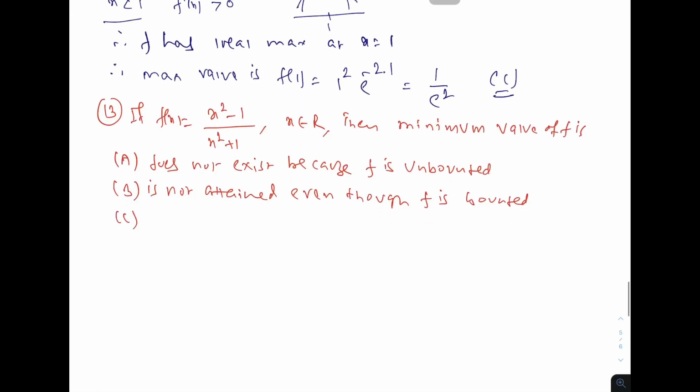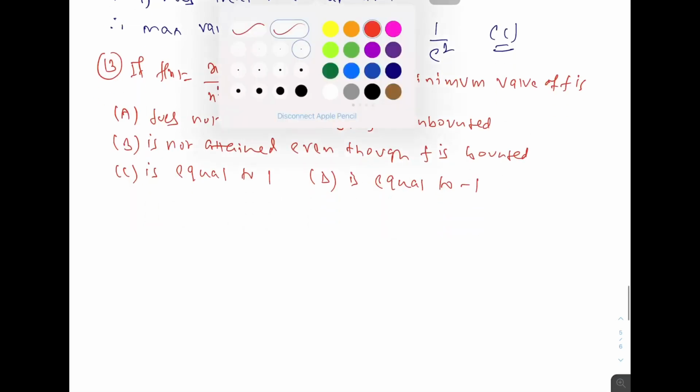Third is equal to 1, and fourth option is equal to minus 1.